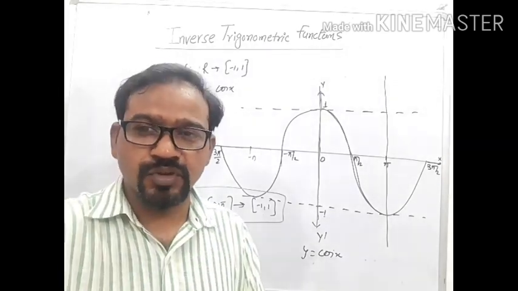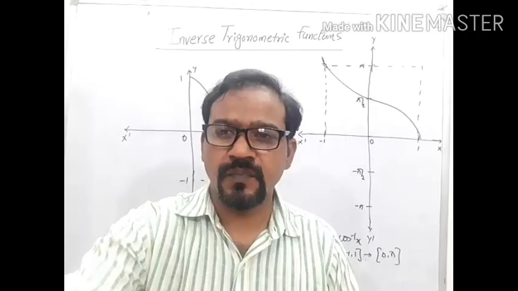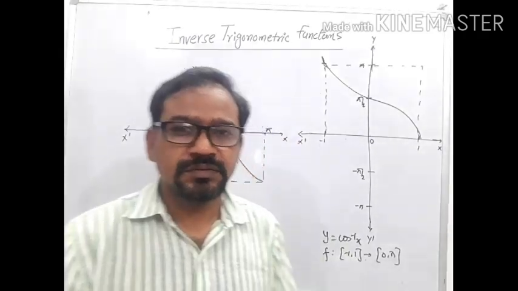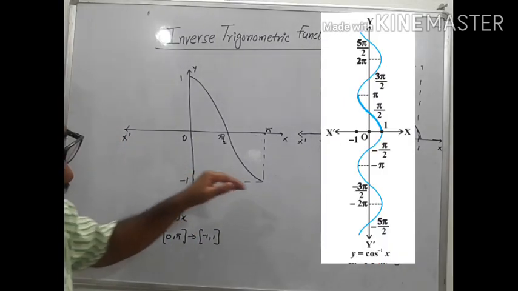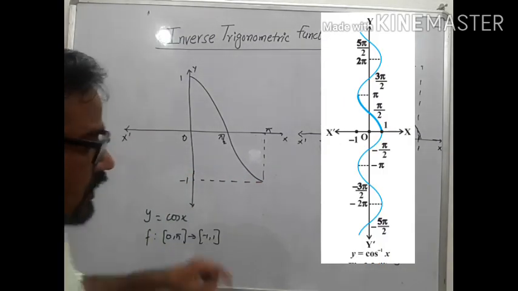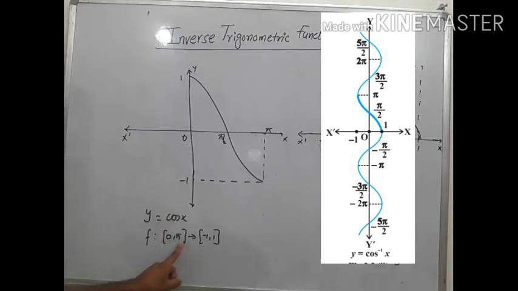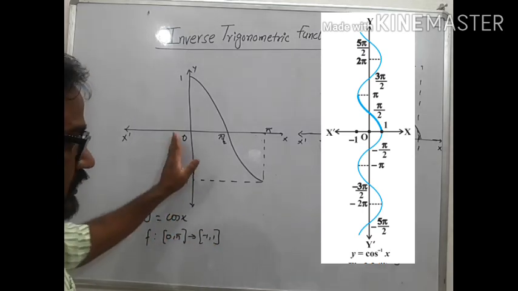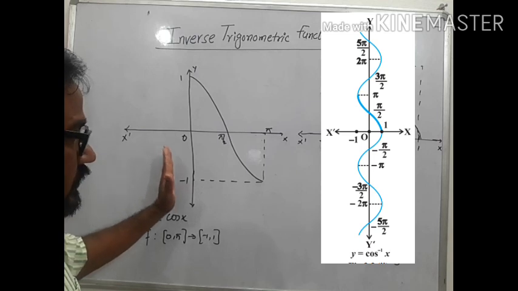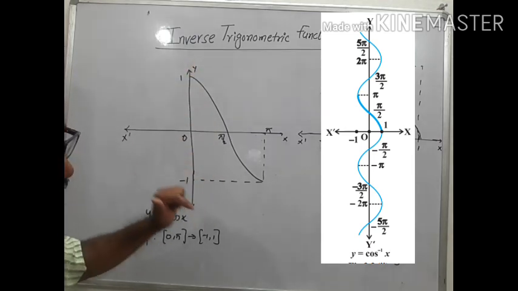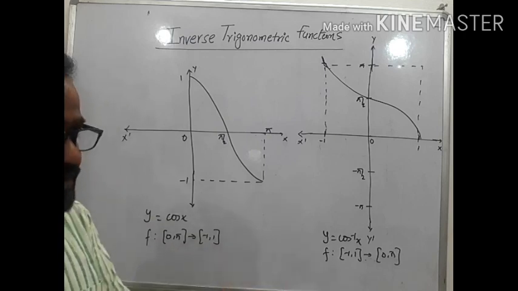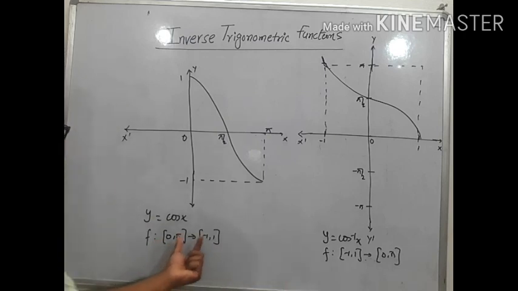Now the graphs of both functions, cos and its inverse. Yes, this is the graph of cos and this is the graph of cos inverse x. In cos, the domain is 0 to pi and the codomain is -1 to 1. And for cos inverse x, in the inverse function we have to interchange codomain and domain.